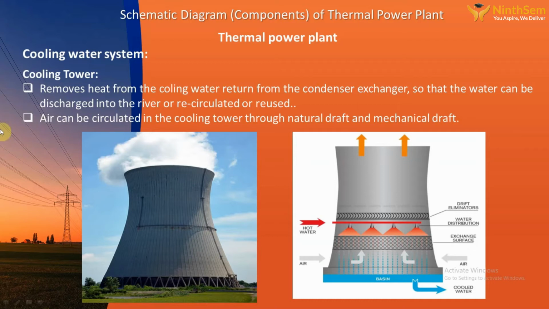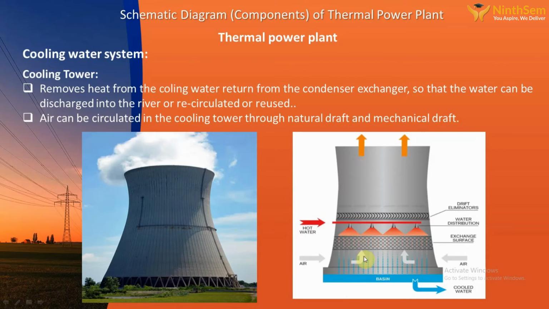So the external cooling water return hot water is supplied through several nozzles, ring type nozzles arranged inside the cooling tower middle area. Through that we are spraying this water, and the air is coming from bottom to top.